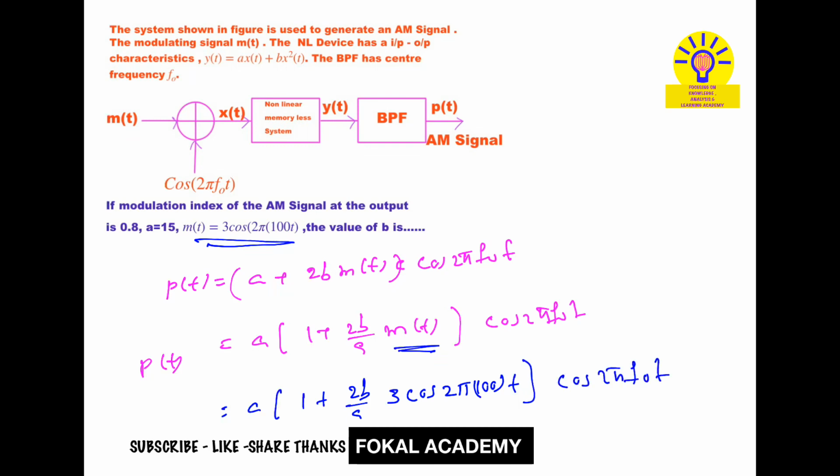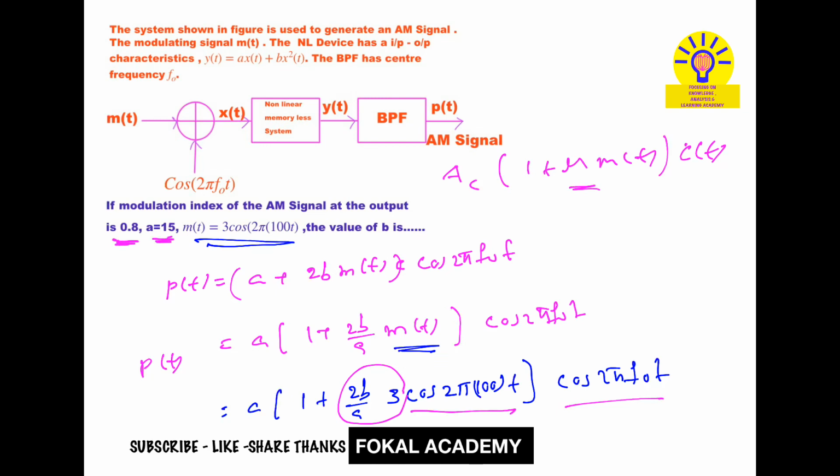This is in the standard form of AM signal, A_c·(1 + μ·m(t))·c(t). This is the carrier signal, this is the message signal, and this is the modulation index, which is given as 0.8, and a is given as 15.